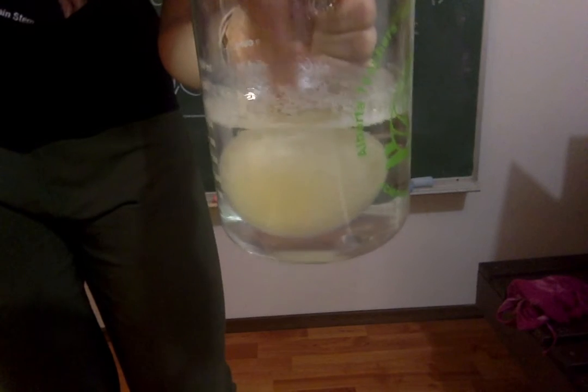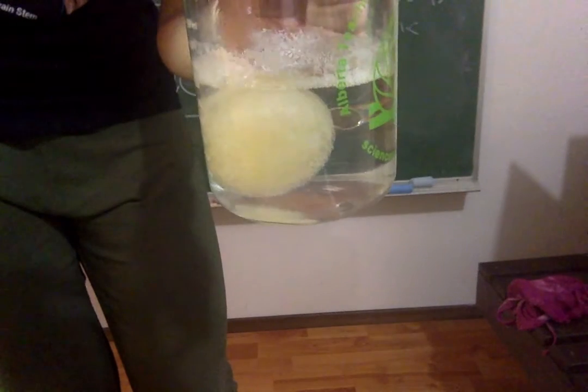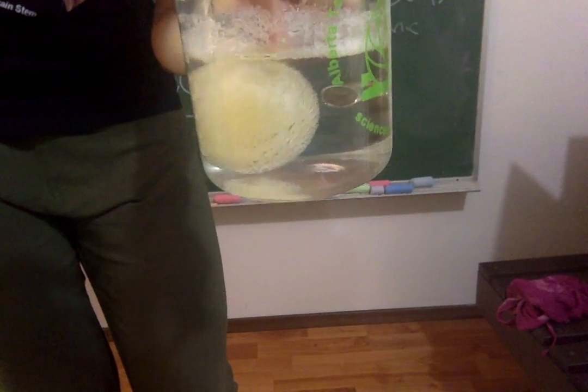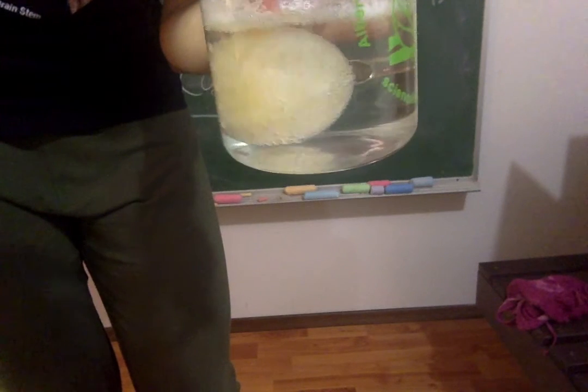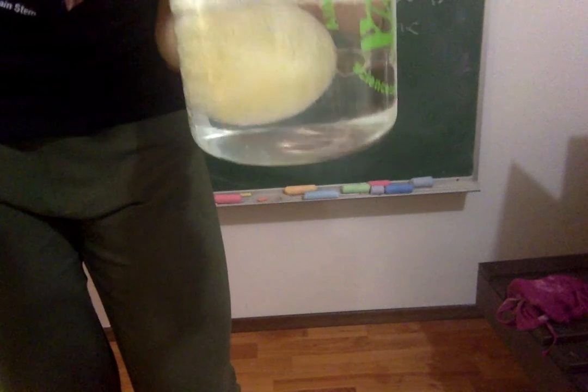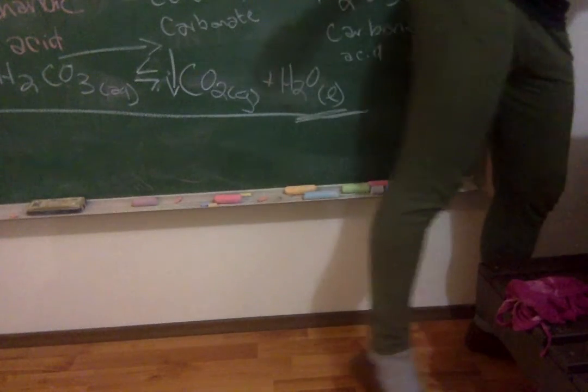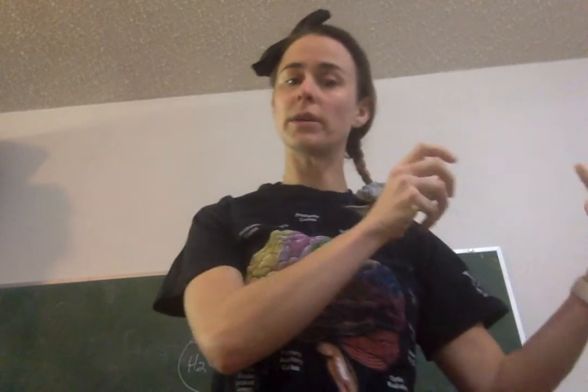If I were to start to scrape the bubbles off, I'm going to feel that there's no membrane left. No shell left. So we can say that all of the calcium carbonate has been broken down into calcium acetate and carbonic acid. The carbonic acid has turned all the way into carbon dioxide and water.